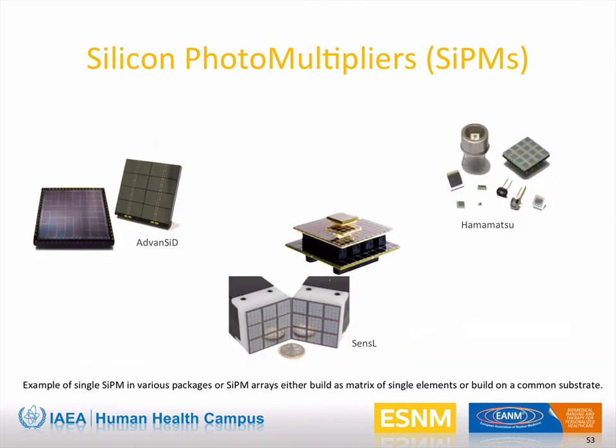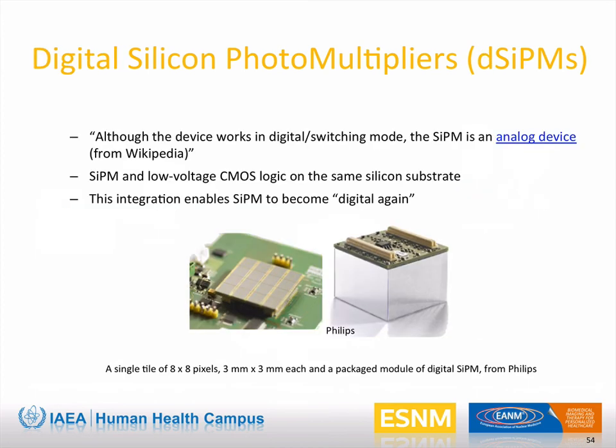Here you can see some examples from different manufacturers of how a SiPM device looks like. Note the extreme compactness of these devices compared to bulky photomultiplier tubes. In recent years, digital versions of SiPMs have also been produced.